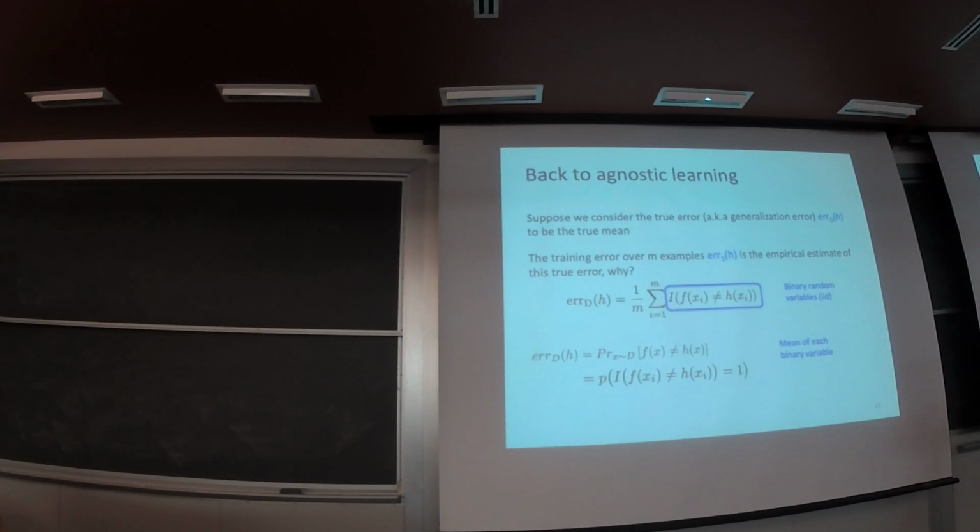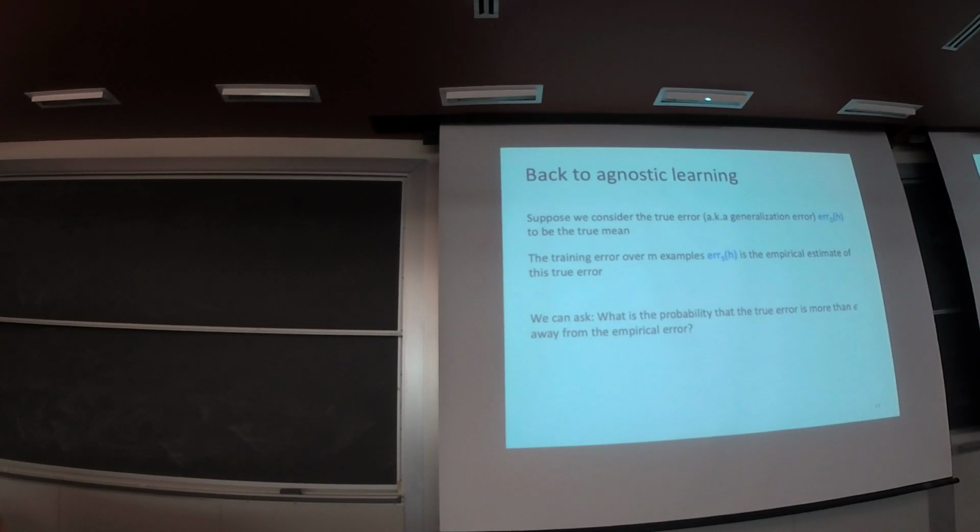Remember, the Hoeffding inequality bounds the probability that the true expectation is epsilon distance away from an average of random variables. So we can directly apply this Hoeffding inequality to the true error and the training error.